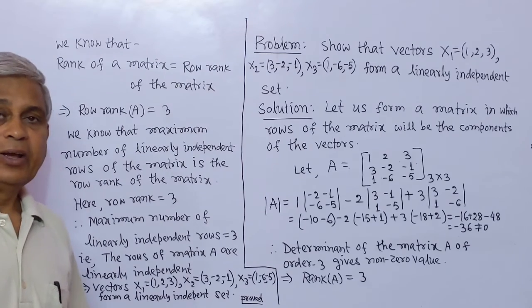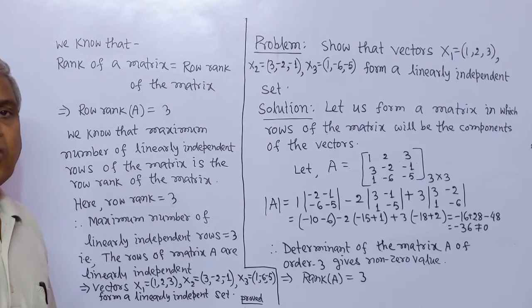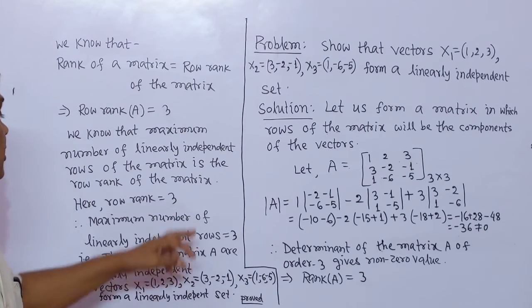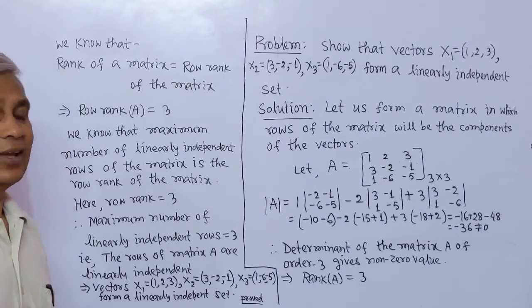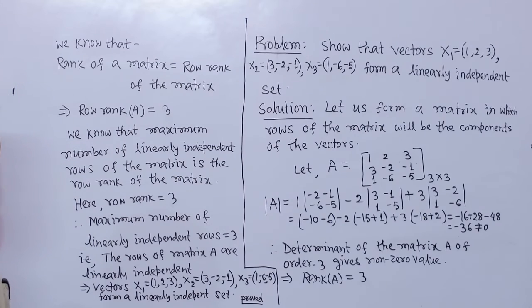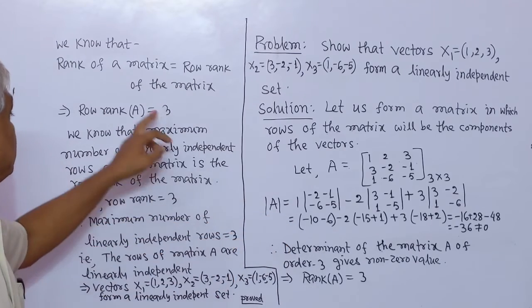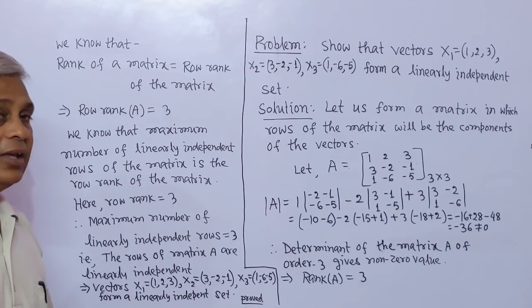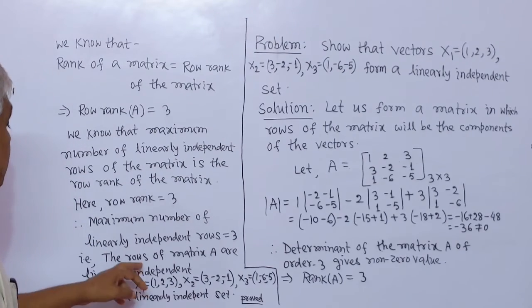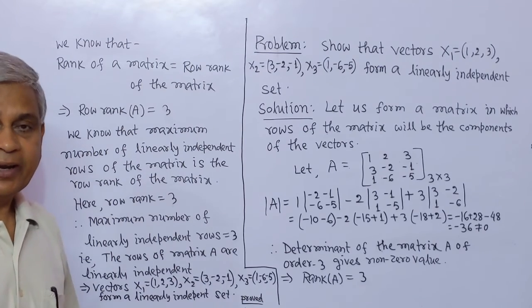We know that the maximum number of linearly independent rows of the matrix is the row rank of the matrix. Therefore, the maximum number of linearly independent rows of this matrix will be 3, because here the row rank of matrix A is 3. That is, the rows of the matrix A are linearly independent.